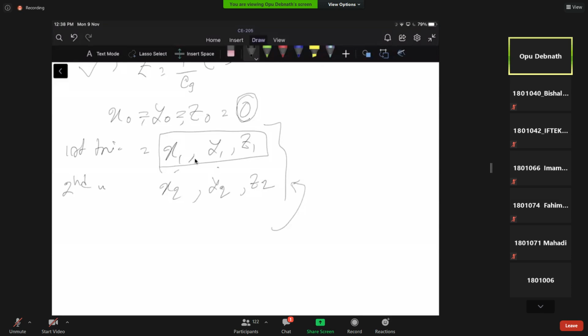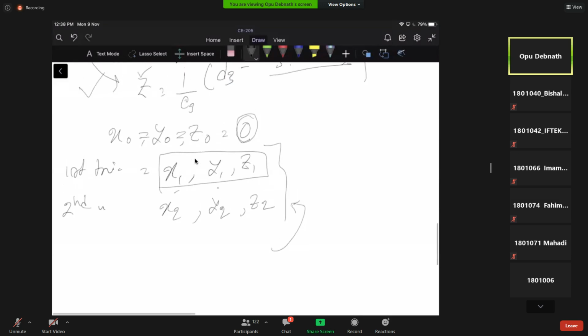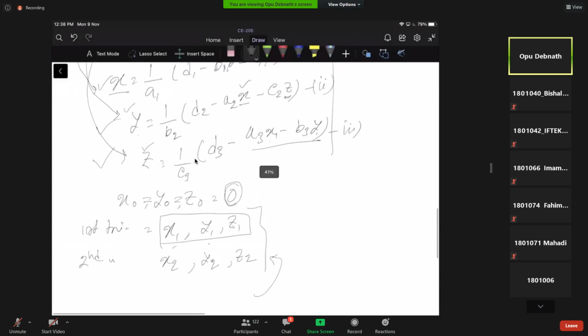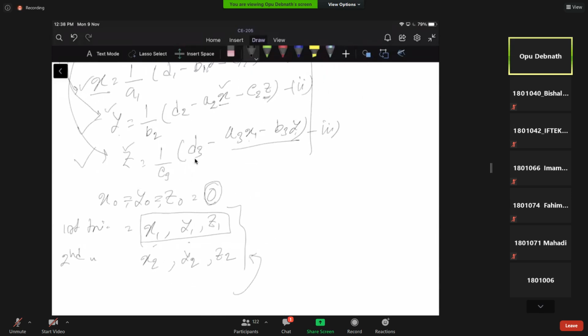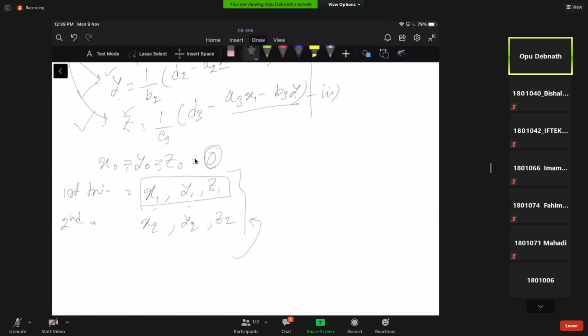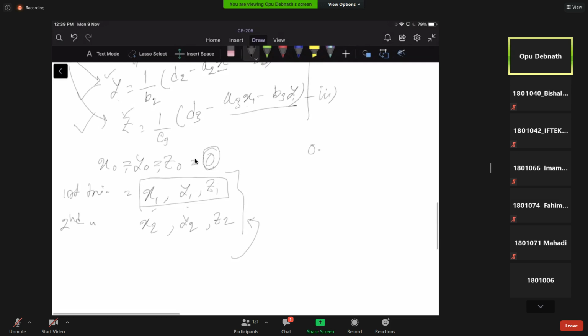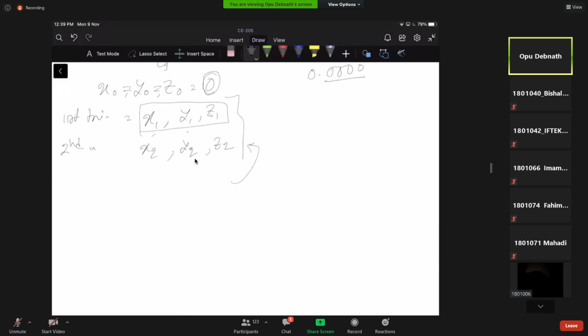That means the immediately preceding step's findings are used in the next step. In general, the 5th to 7th approximation is enough to get correct up to the 4th decimal point. In this class, I will show you one example and continue only 1 or 2 steps, and the remaining will be your homework to complete at home.